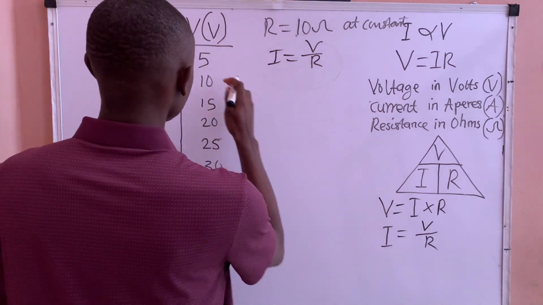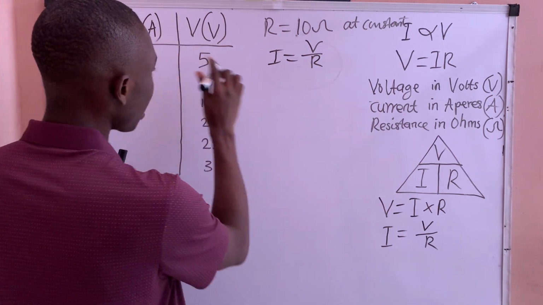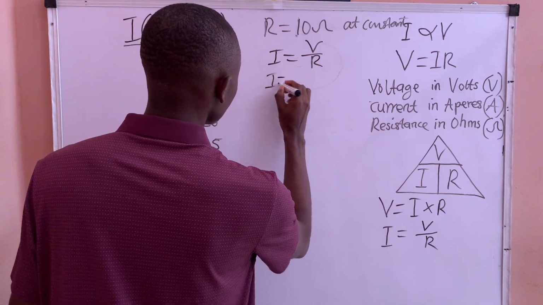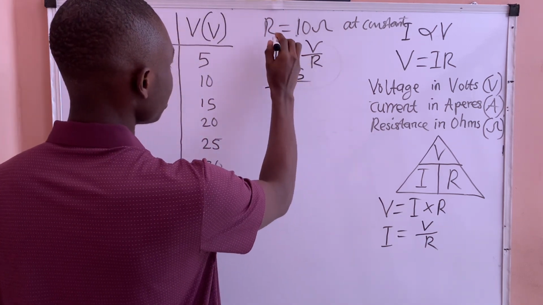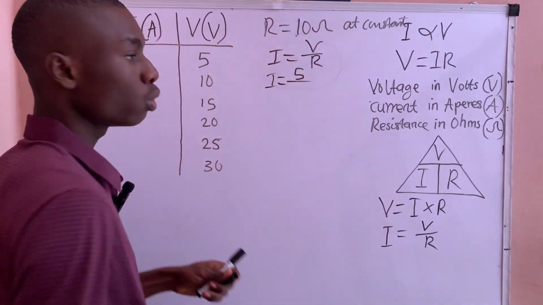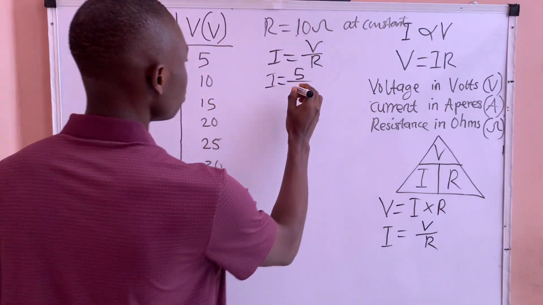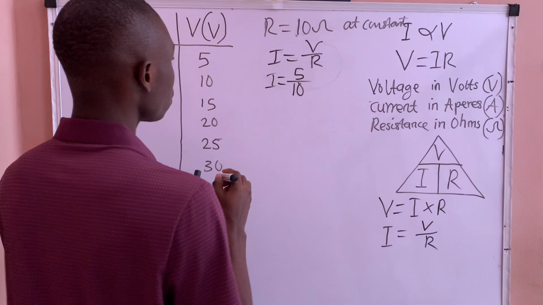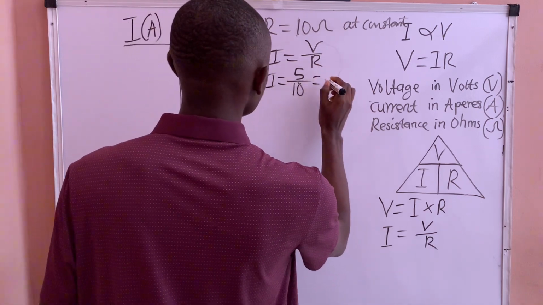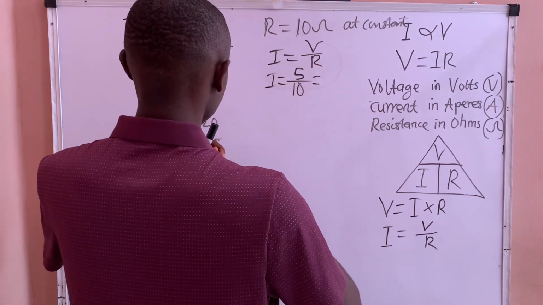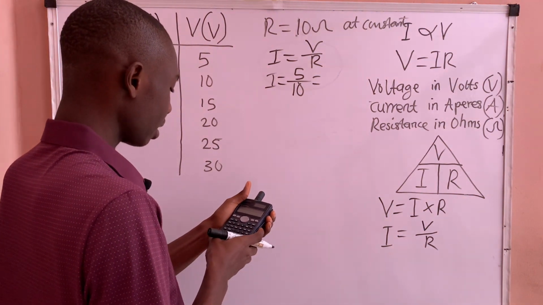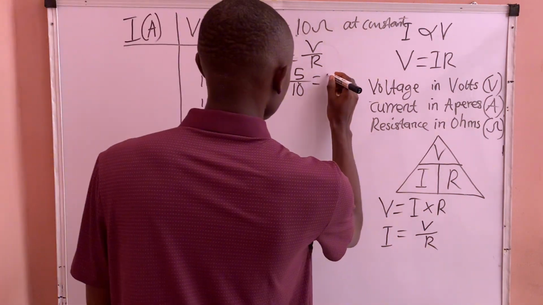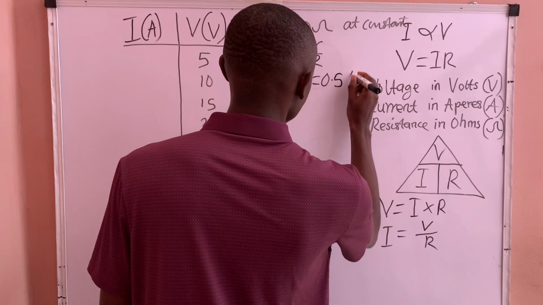Okay, from here we have that voltage is 5, so I will be equal to 5 divided by the resistance, which is 10 ohms at constant, so it will be 10. So 5 divided by 10 will give us 0.5. With my calculator, 5 divided by 10 gives us 0.5 amps.